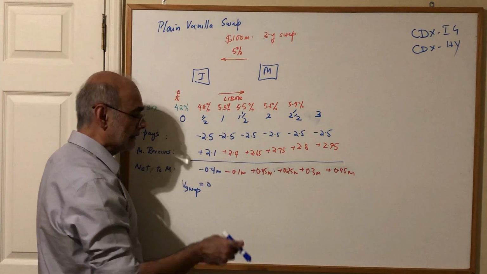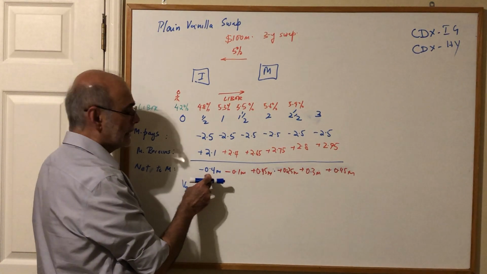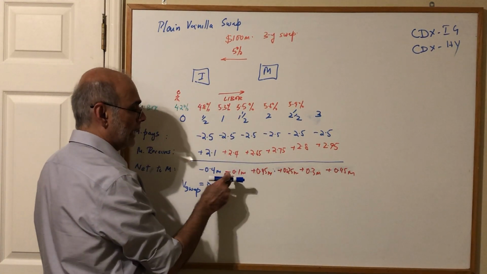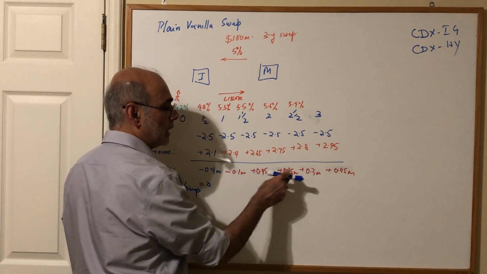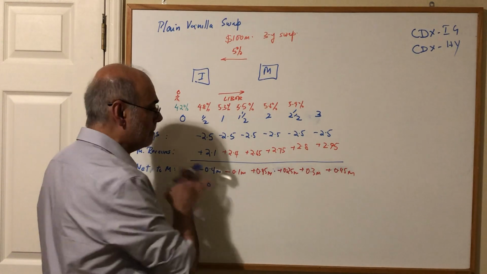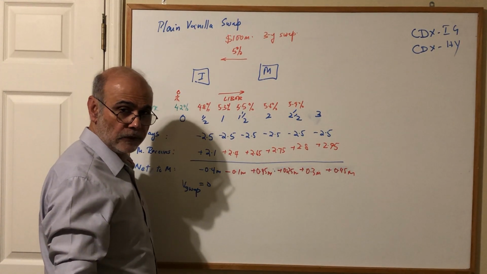What it says is this: if the first cash flow is negative, at some point over this 3-year contract, the cash flows must become positive. If they don't become positive but remain negative, we know the value of the swap can never have a present value of 0.